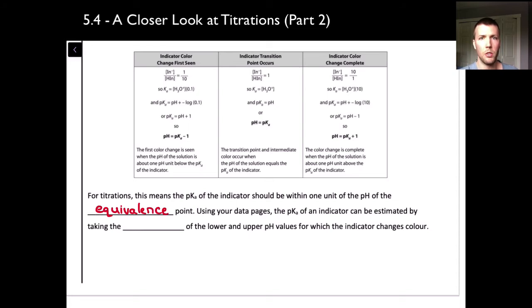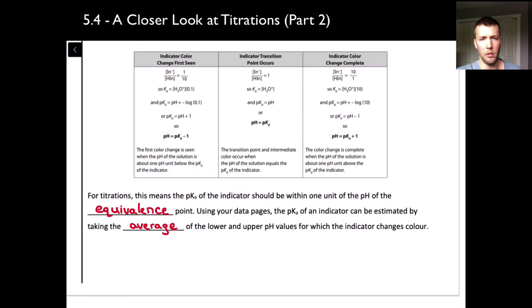So it's our job to choose an appropriate indicator where the transition point corresponds with the pH at the equivalence point. And so we can use our data pages to predict the pKa of an indicator by simply averaging the lower and upper pH values for the indicator.